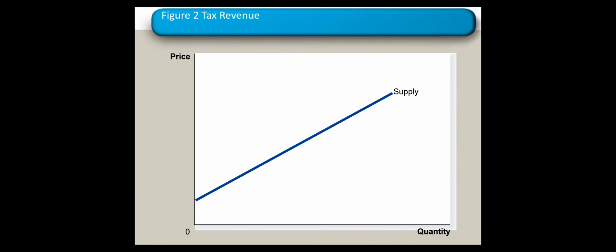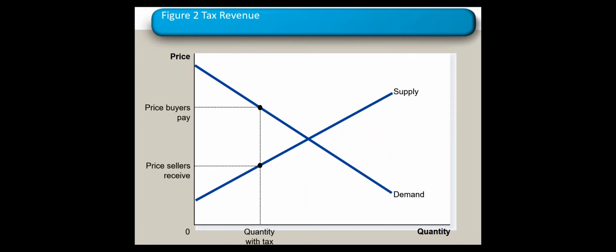Now look at this. This is the supply again, the demand again, imaginary, about any goods or services that you may imagine in mind. Pick up one, a good or a service. And again, the quantity with tax, what we assumed earlier, moves away from the equilibrium in this direction. And what will happen, the price buyers pay is not equal to the price sellers receive. There is a difference.